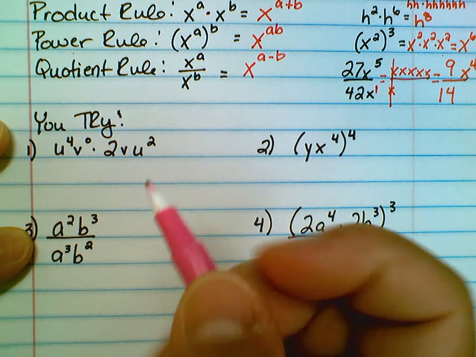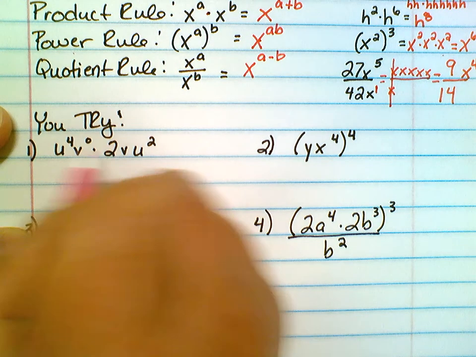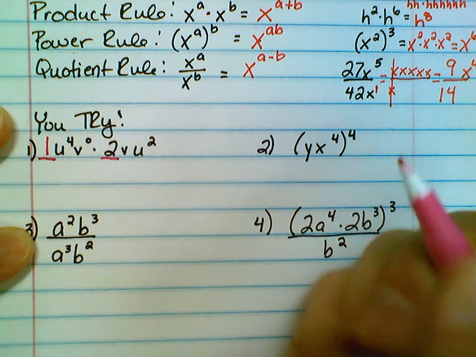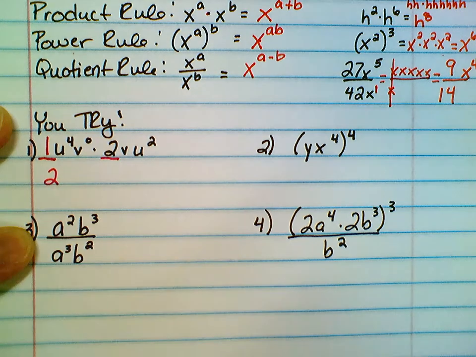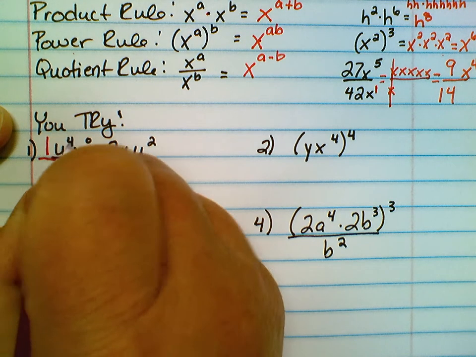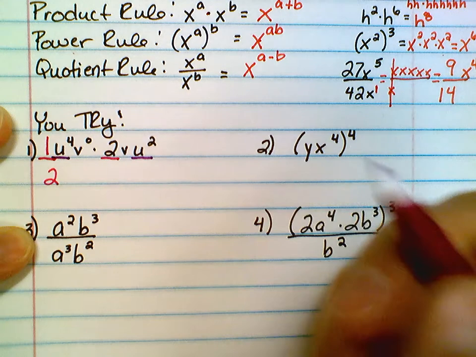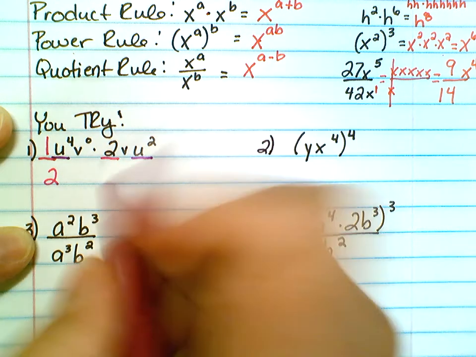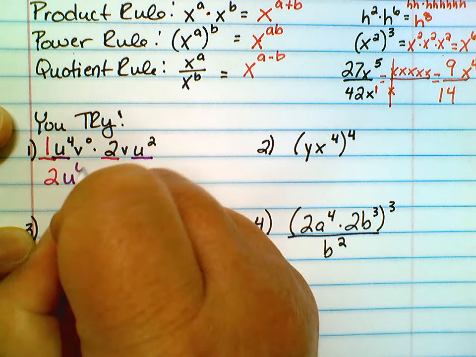So for number 1, the first thing I notice is I have a coefficient here. I like to work left to right. So 1 times 2 would give me 2. Then I can look at my u to the fourth and my u to the second. So if I have 4 here and 2 here, I can add those together to get u to the sixth.